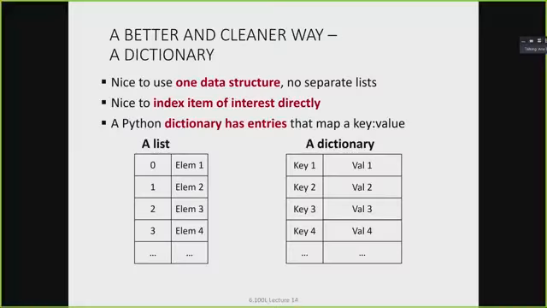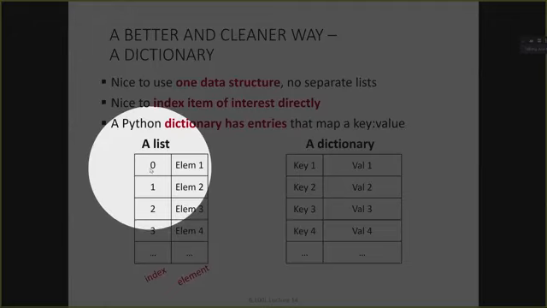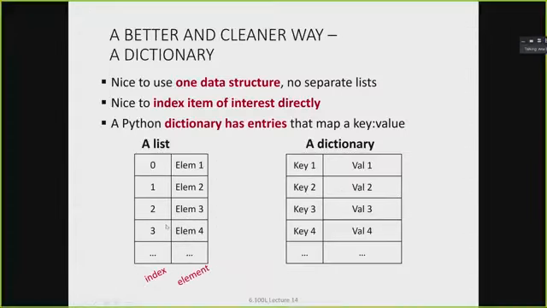So when we create a dictionary, we call every quote-unquote element in the dictionary an entry. And that entry is that mapping of a key to a value. So just to draw a parallel with a list, we can think of a list as mapping something to another something. The thing that a list maps is this index, numbers 0, 1, 2, 3, in that order, right?